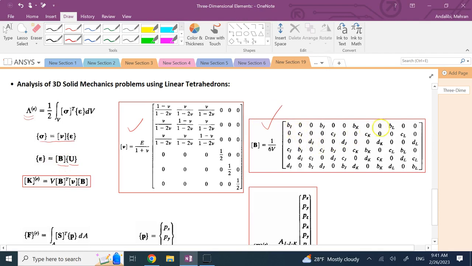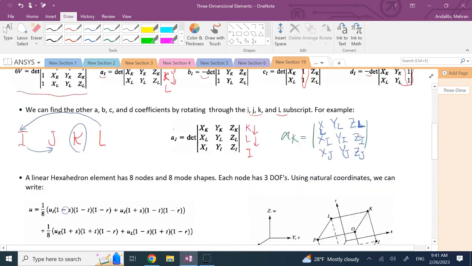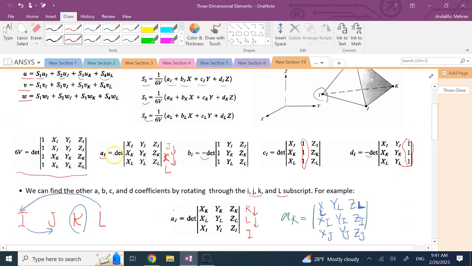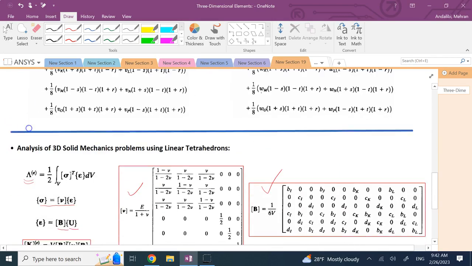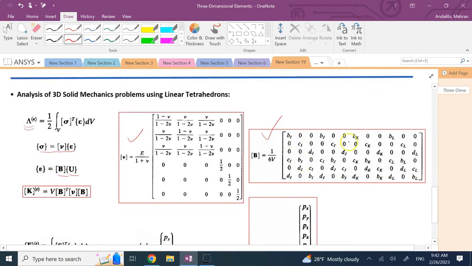And the B matrix in this case is this matrix here, where these numbers inside the B matrix, these A's, B's, C's, and D's, are exactly the A's, B's, and C's that we found here. So once you calculate these A, B, C, D's, you can easily form matrix B, and nu is only two single numbers for isotropic material. Therefore, with the exact same formulation that we had in 2D, K is going to be V B transpose nu B, where V is the volume of the element.